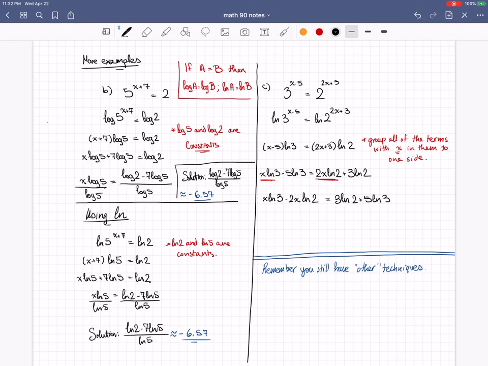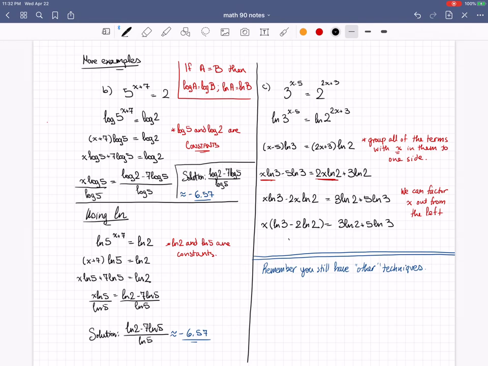Okay, and now you see the benefit of having moved everything with x's in them to one side. We can factor x out from the left. That was the plan here. So we have x times the natural log of 3 minus 2 natural log of 2 is equal to 3 log 2 plus 5 log 3.